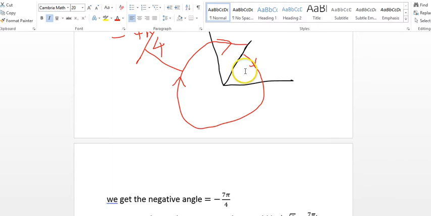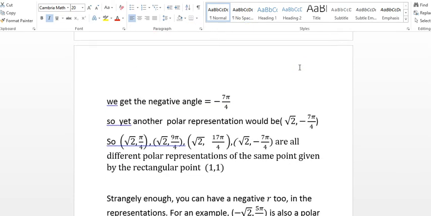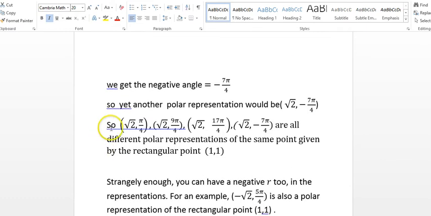Here I went one circle in the negative direction. If you really want, you can go another circle in the negative direction or a third circle, and we get a whole set of new negative angles. So likewise, there are infinitely many representations, but I have written 4 of them as was asked in the problem.